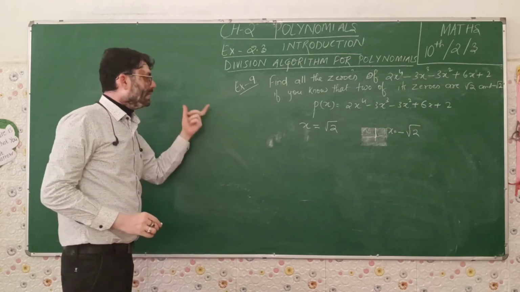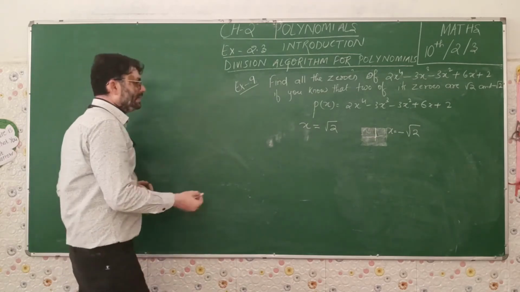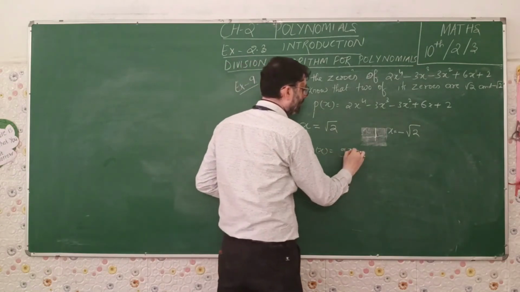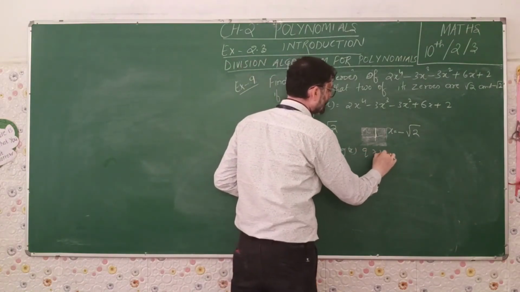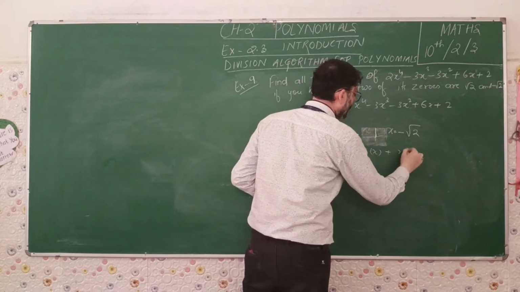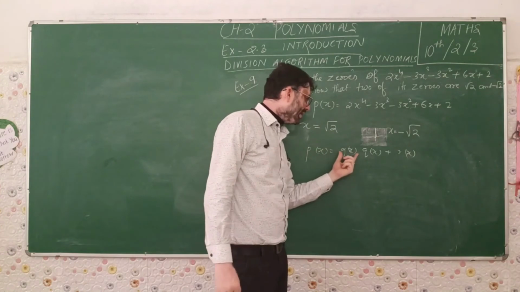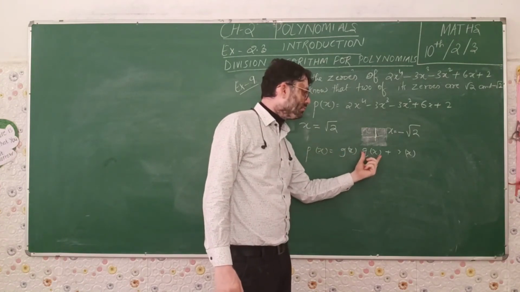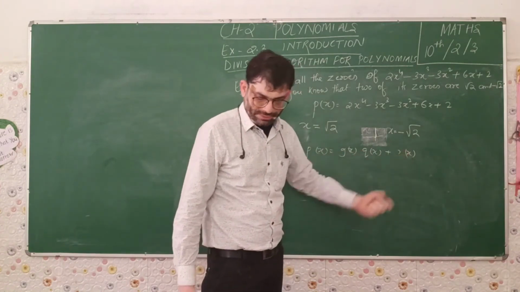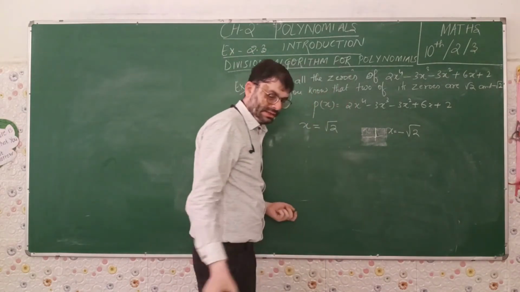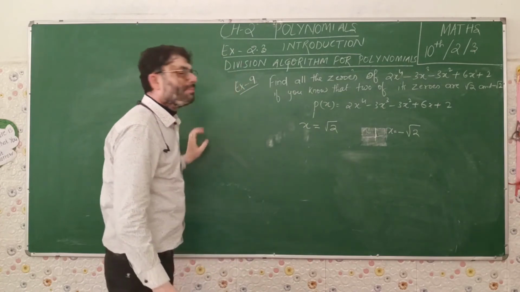Now let me tell you, according to the division algorithm, p of x is g of x into q of x plus r of x. That means if p of x is divided by g of x, we get some quotient q of x and then remainder r of x. This was just a reminder to you that we will be using this in the near part of the question.